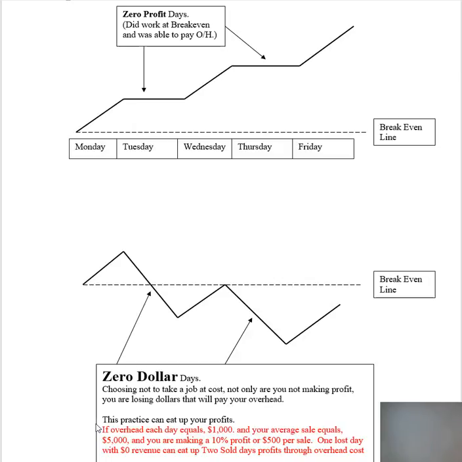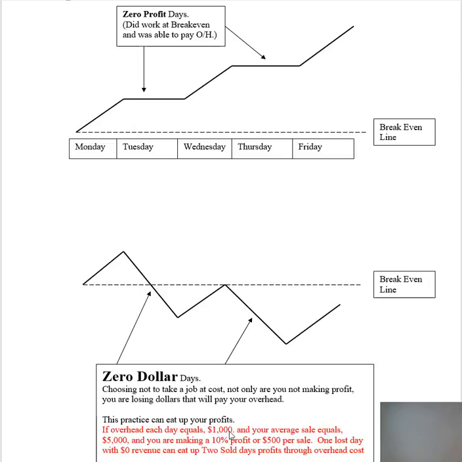If overhead each day equals $1,000, this is just an example, and your average sale equals $5,000, and you're making a 10% profit or $500 per sale, one lost day with zero revenue can eat up 2 sold days' profits through overhead cost.